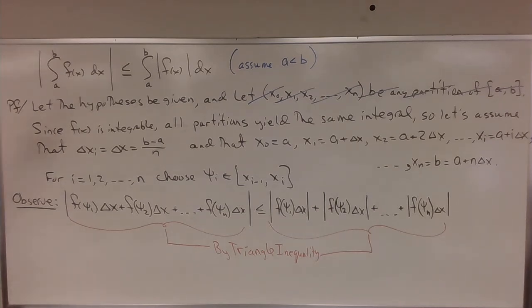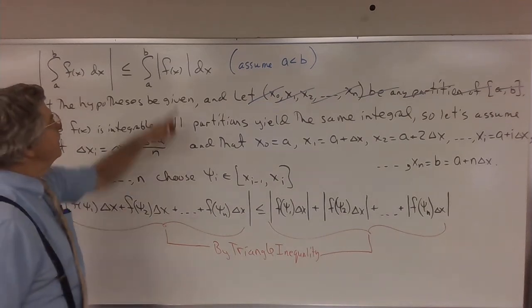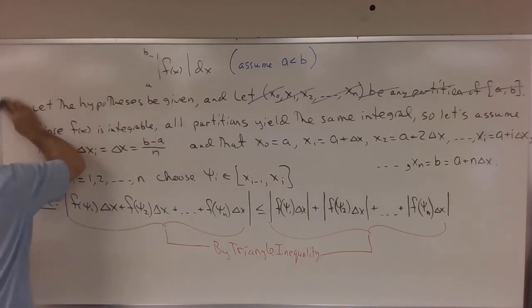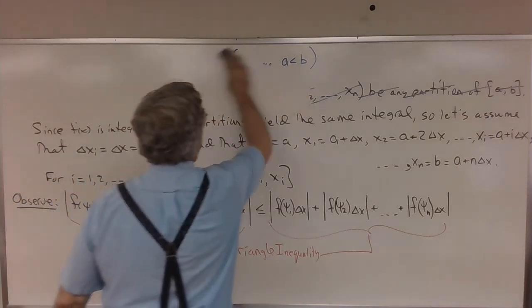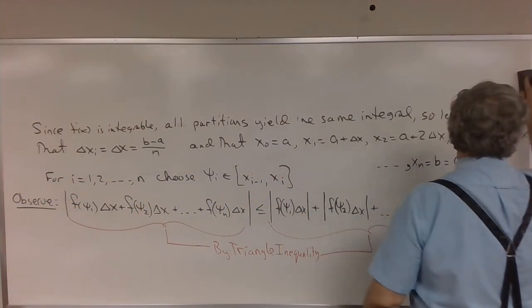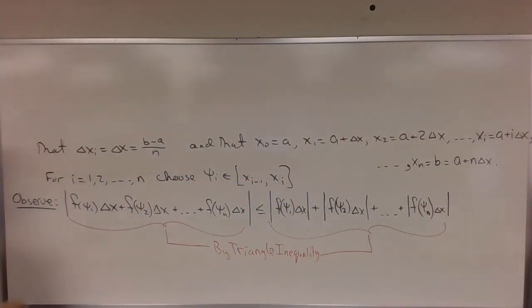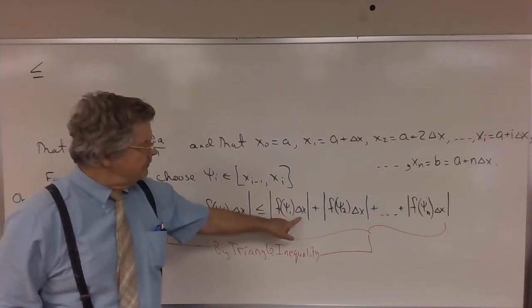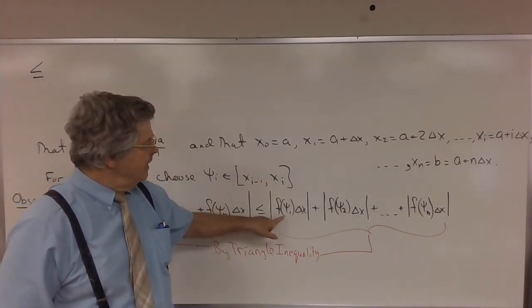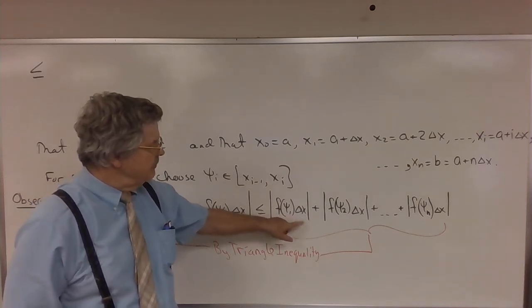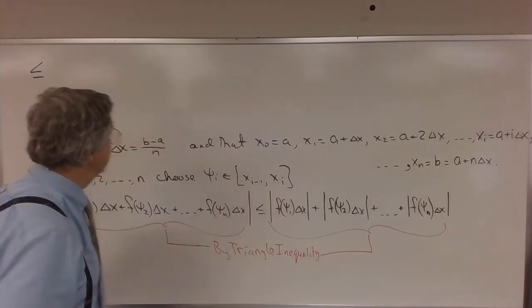And I think I'm going to continue this, not down below here, but up above. In each of these terms, I can write this as the absolute value of f of psi sub whatever times delta x times the absolute value of f of x.